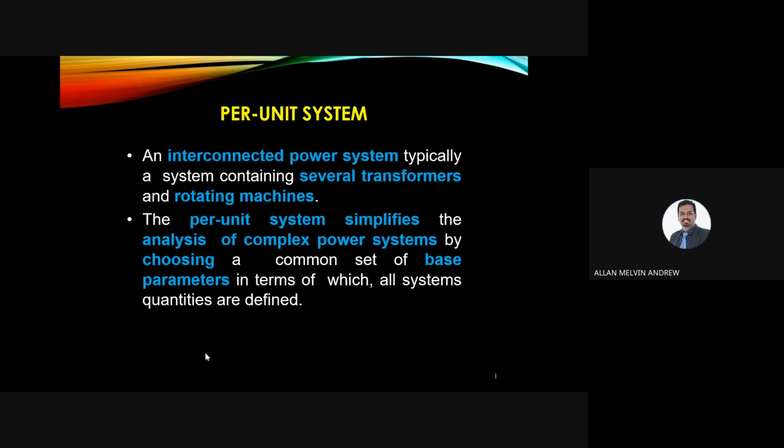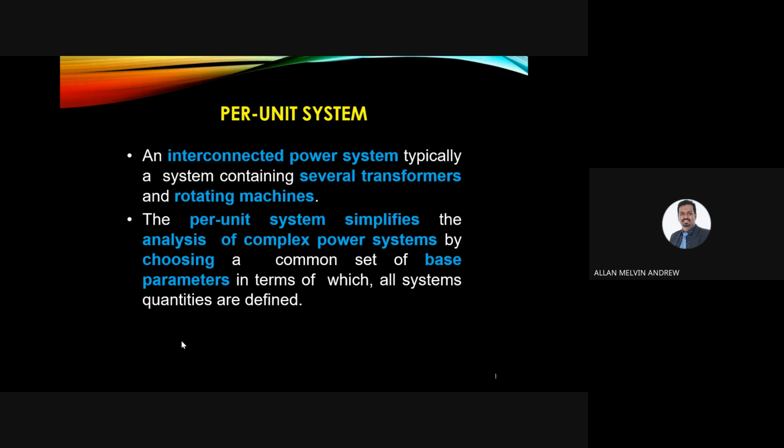Okay, so the first thing that you need to understand is the per unit system. Because we know when it involves electricals, it will involve a lot of calculation, which can involve complex and also sophisticated terms and calculations.